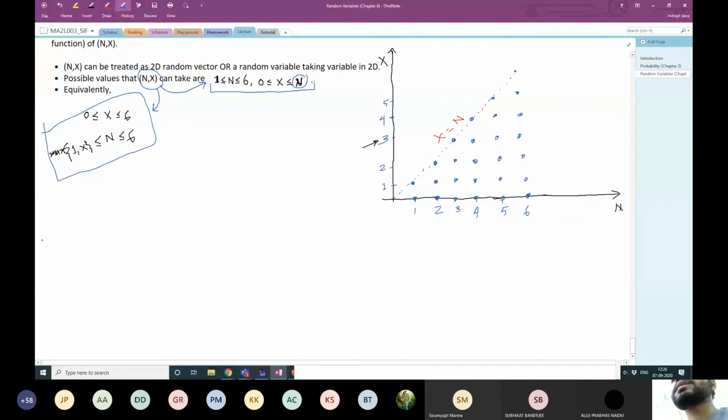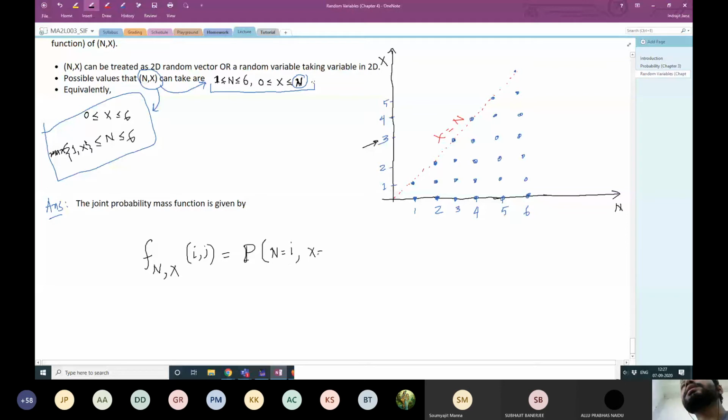The joint probability mass function is given by this formula, where the notation is f_{n,x}(i,j) equal to the probability that n is equal to i, x is equal to j. This is the intersection of two events.